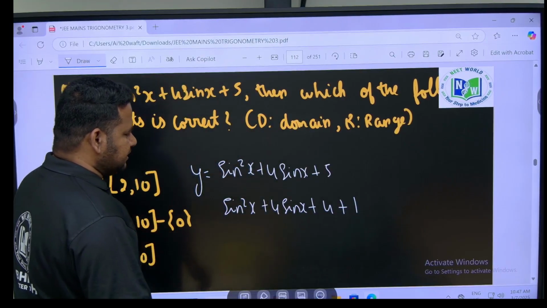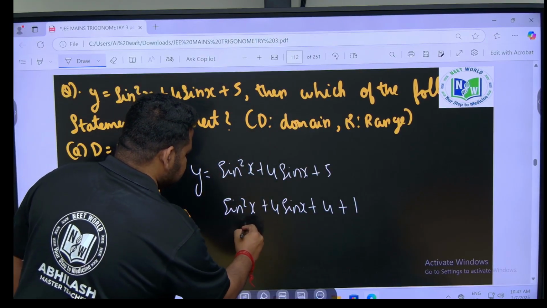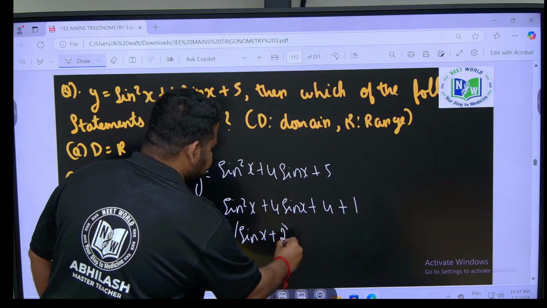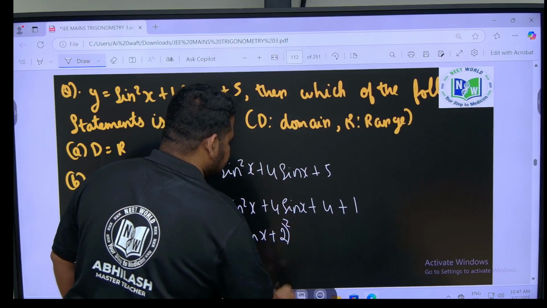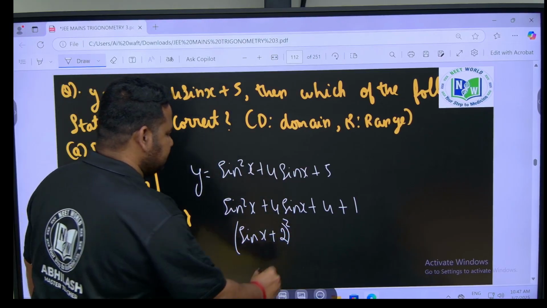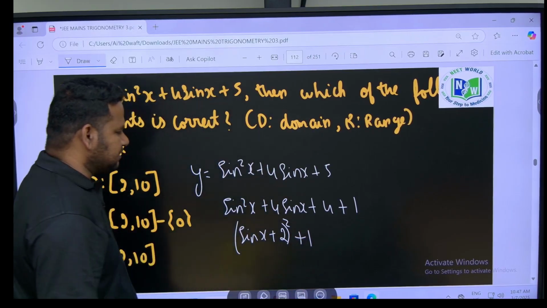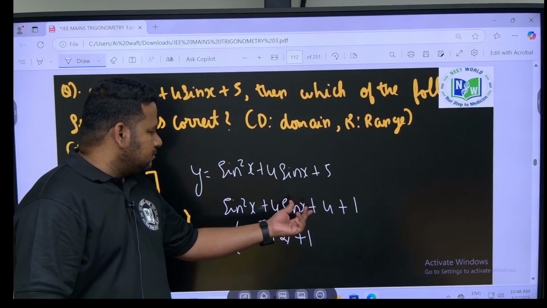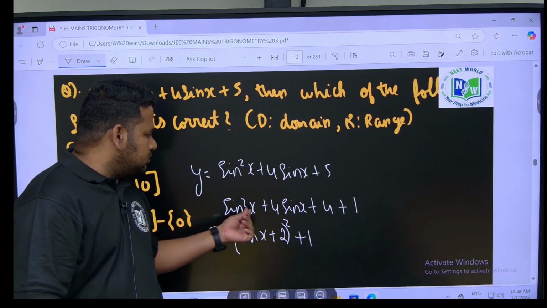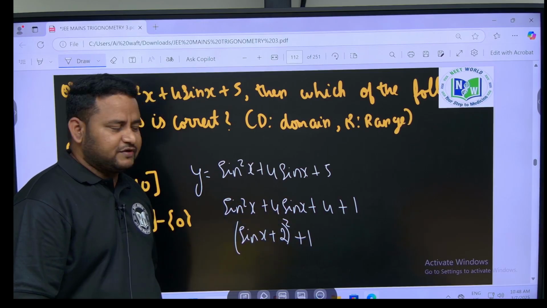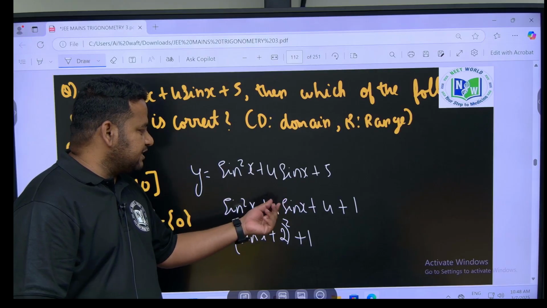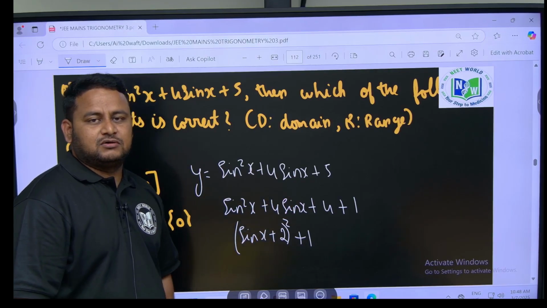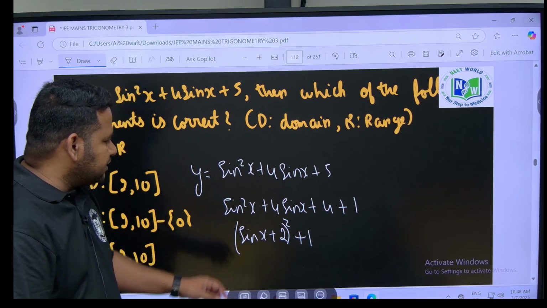You can see this is of the form a square plus b square plus 2ab, where 2ab is 4 sin x. So sin square x plus 4 sin x plus 4 plus 1 is sin x plus 2 whole square plus 1. Got it, friends? So we got it in this form.